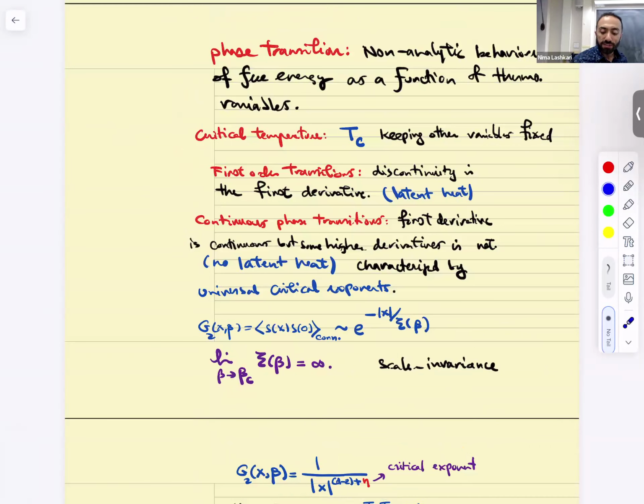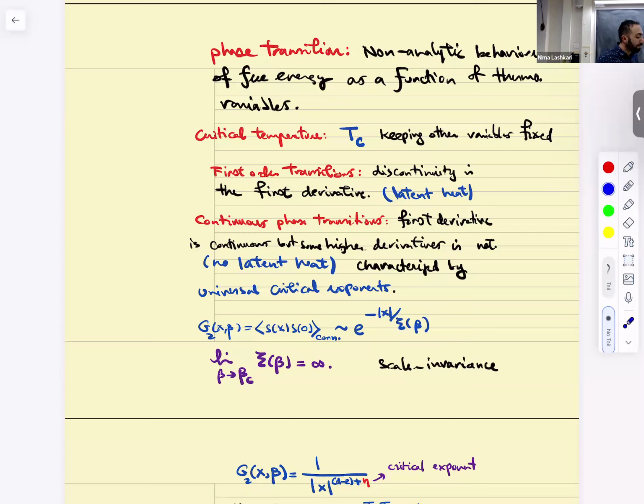The first order phase transition is, by definition, discontinuity in the first derivative. The characteristic of the first order phase transition is latent heat. People used to call something second order phase transition, where there's a discontinuity in the second derivative, but the modern terminology is continuous phase transition.